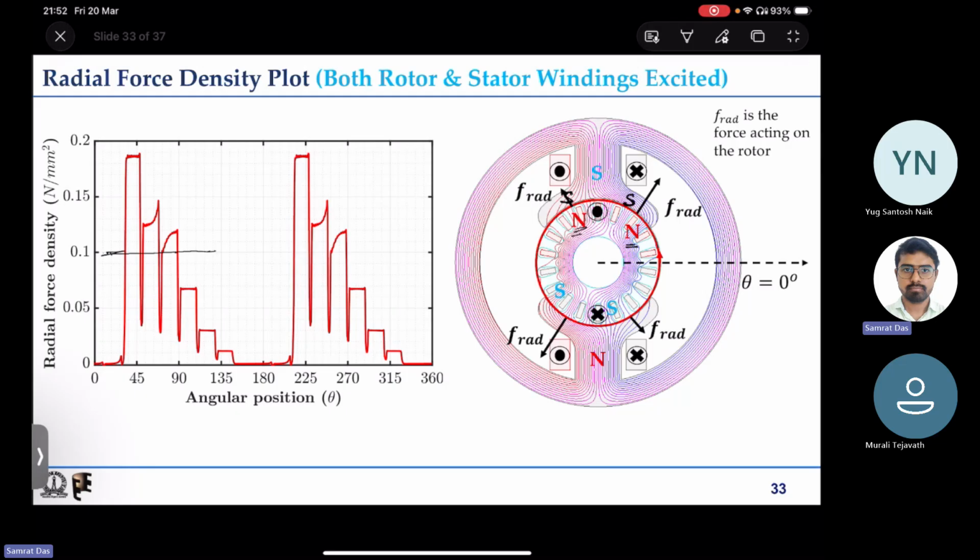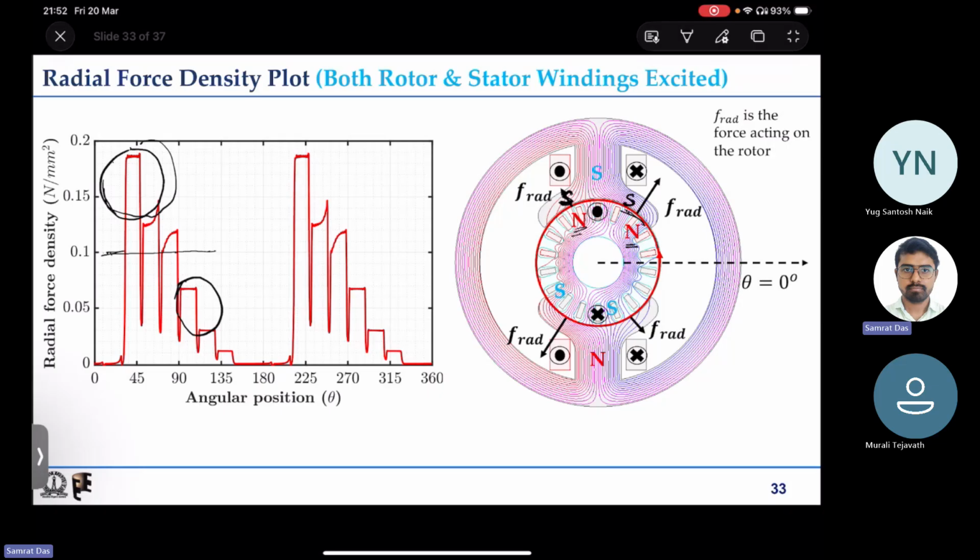That is why the rotor north poles are almost equally strong, but a strong stator south pole attracts the rotor on the right hand side more strongly. That is why you have higher radial component of force on the right hand side, and because the weaker stator south pole attracts the rotor north pole with less force, you have less radial force on the other side.